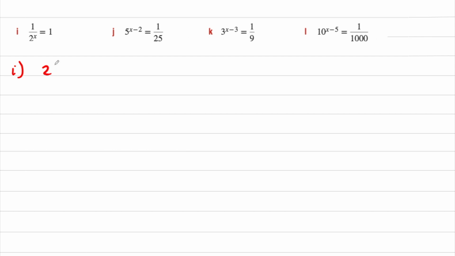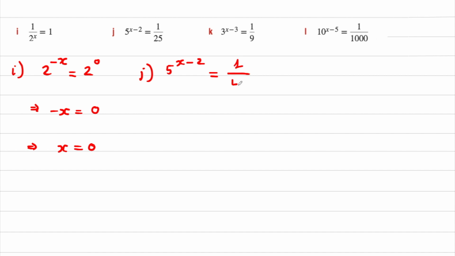Question I. I have here 2 to the power of negative h, and for 1 on the left-hand side, this means 2 to the power of 0, and then negative h equals 0, this means h equals 0. Question J. Find h minus 2, and here is 1 over 5 squared, it means 5 to the power of negative 2. So h minus 2 equals negative 2, this means h equals 0.